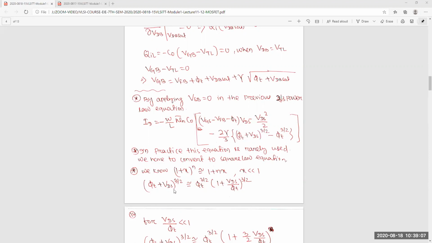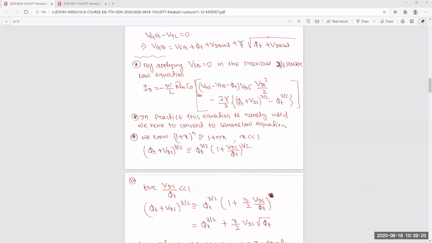So this is phi t plus VDS to the power 3/2. Take phi t outside, so it's phi t to the power 3/2 times 1 plus VDS by phi t, whole to the power 3/2. Now this part is nothing but 1 plus x to the power n, where n is equal to 3/2 and x is equal to VDS by phi t, and this x is very much less than 1. That means VDS by phi t is very less than 1.